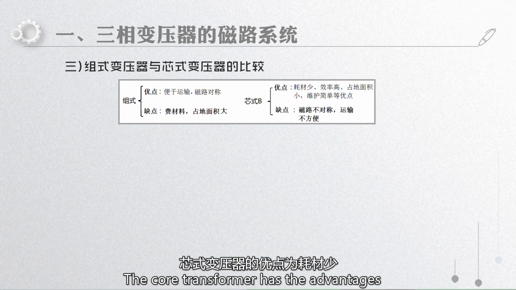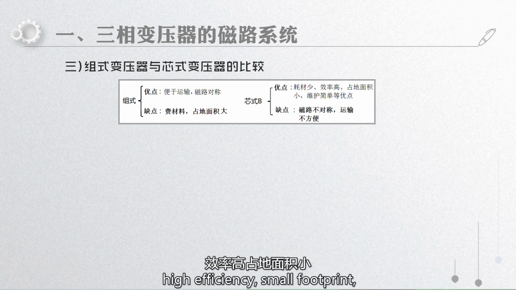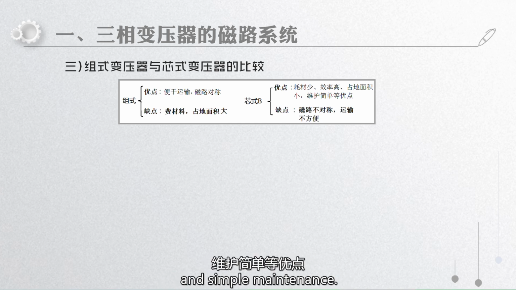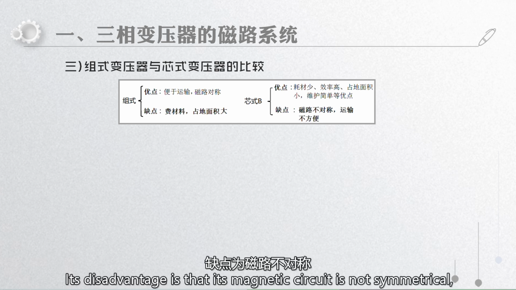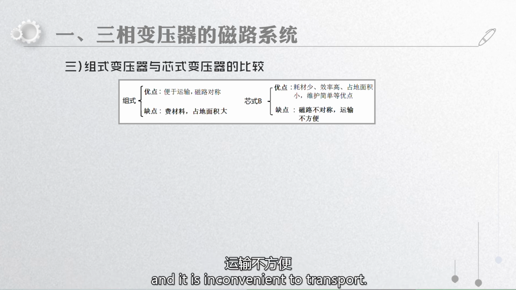The core transformer has the advantages of consuming less material, high efficiency, small footprint, and simple maintenance. Its disadvantages are that its magnetic circuit is not symmetrical, and it is inconvenient to transport.